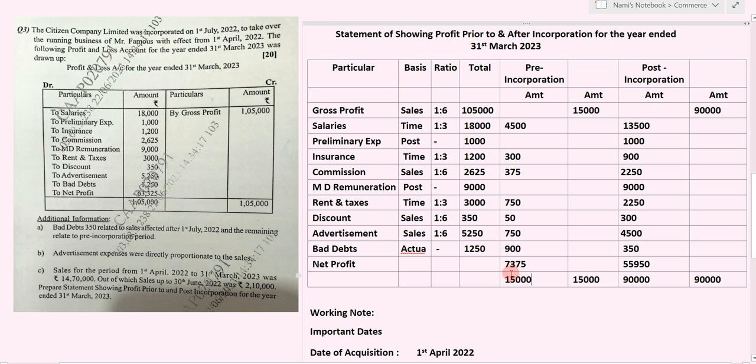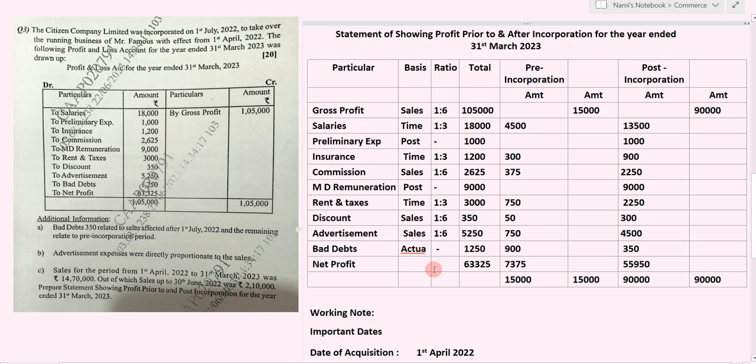Now if we add 7,375 rupees plus 55,950, the total we will get is 63,325.